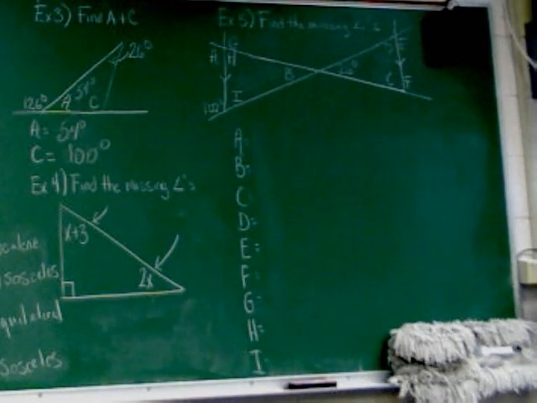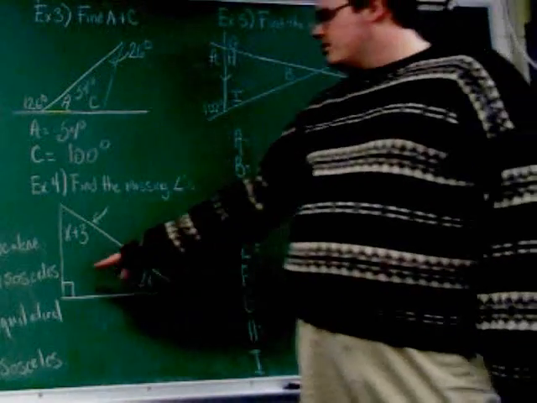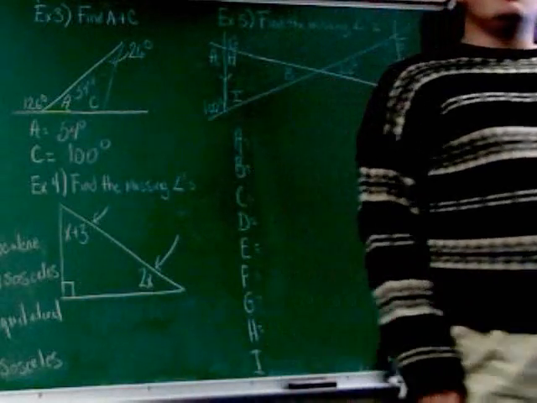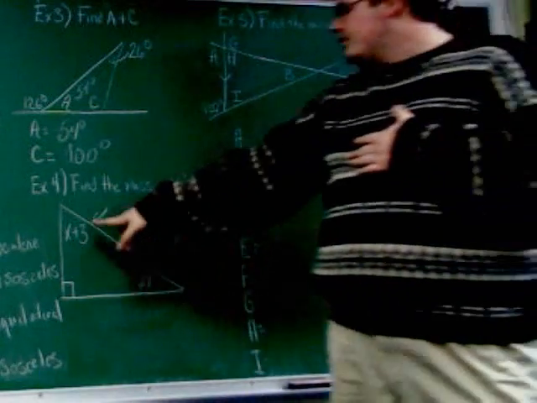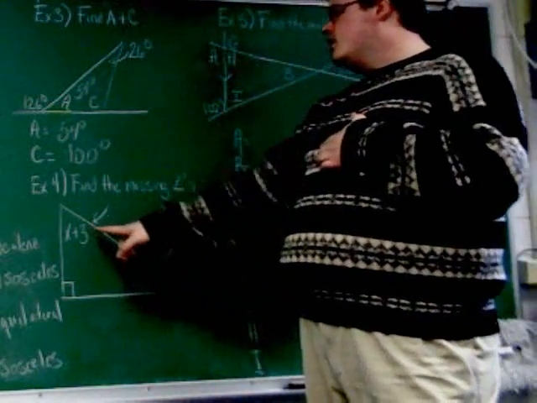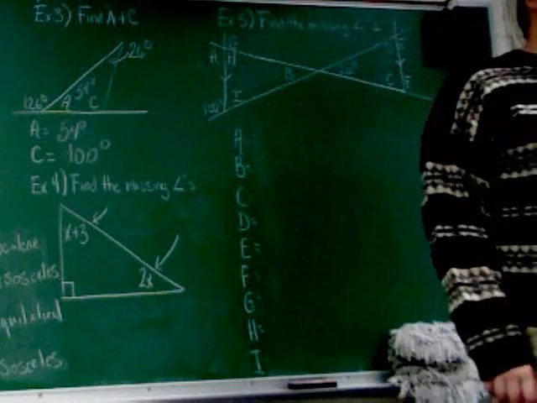All right, now, we know a triangle, again, makes 180. We know that this angle down here makes 90 all by itself. So if a triangle makes 180, and I've already accounted for 90, how much do I have left? I have 90 left. So we know that this angle and this angle together make 90 degrees.